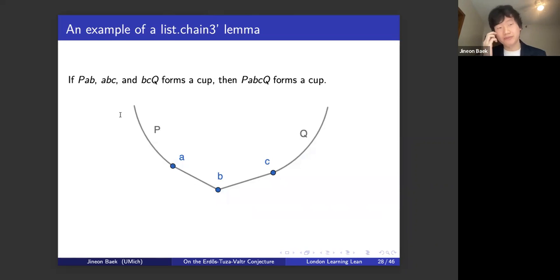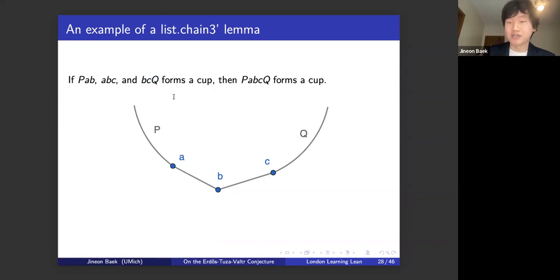So here's an example. If P and Q are cups and A, B, C are points, so that P ends with A, Q starts with C, and if PAB, ABC, and BCQ form a cup, then we can actually join all of these cups to make a big cup.